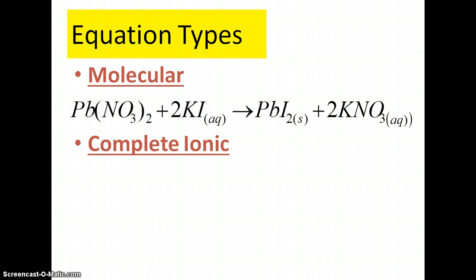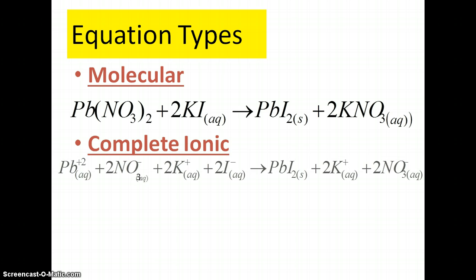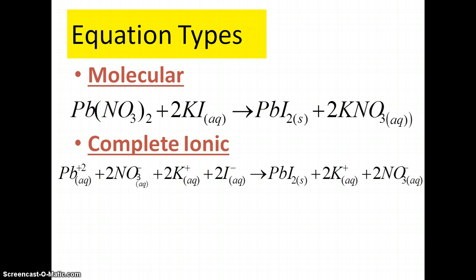The complete ionic equation is basically writing what would happen if we threw this mixture, this reaction, into an aqueous environment, into water. So if something were going to break into its ions in water, like ionic substances breaking back into their component ions, then that's where we're going to be writing this.